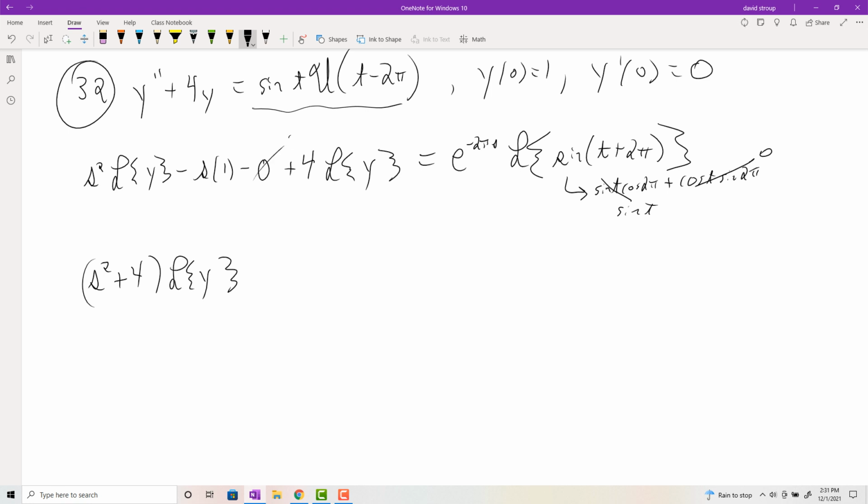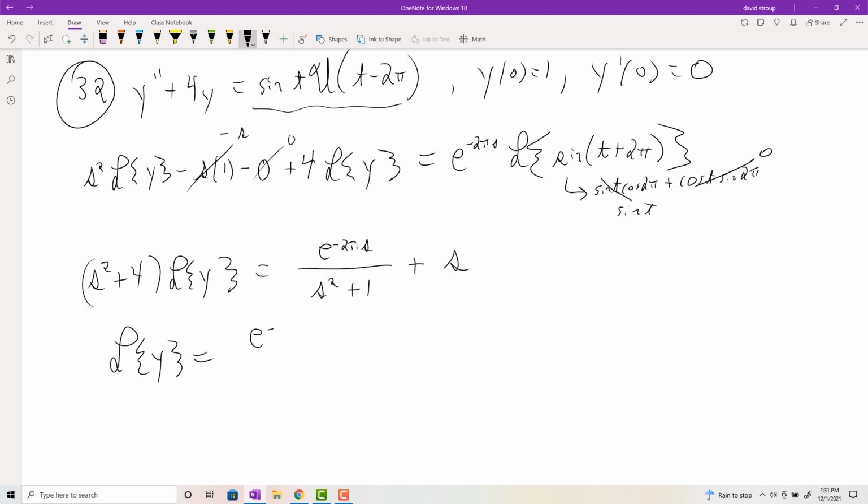This is 0. This is just s, so I can add that to the other side. It's negative s, and so it'll be a plus s on the other side. Have e to the negative 2 pi s times the Laplace of sine t, which is just going to be 1 all over s squared plus 1, and then plus the s from the other side. Divide both sides by s squared plus 4.